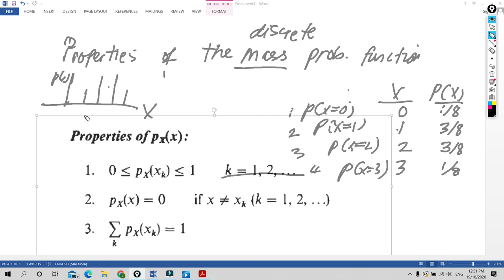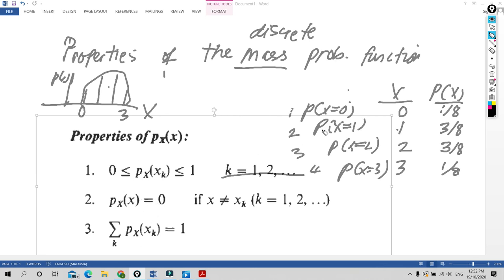So our range here is between 0 and 3. Outside of this range is equal to 0, nothing to do with this one. The rest is equal to 0. That's why if X is not x_k, we define it as 0.